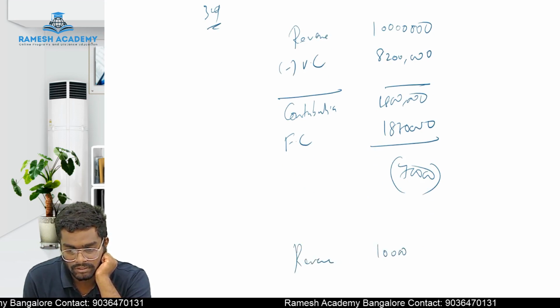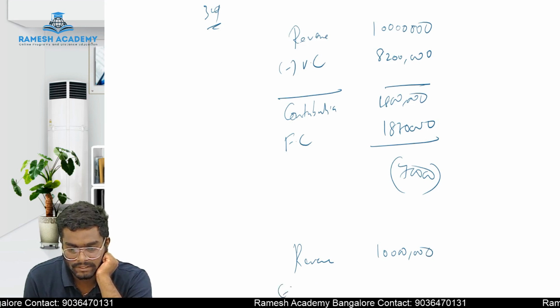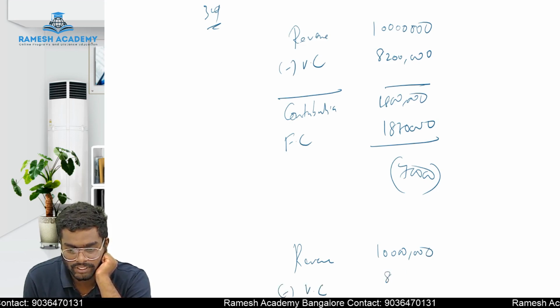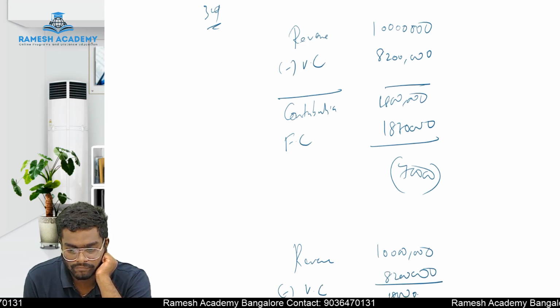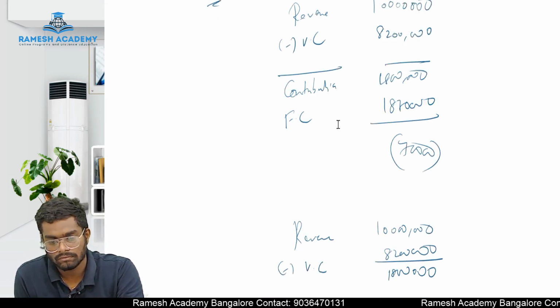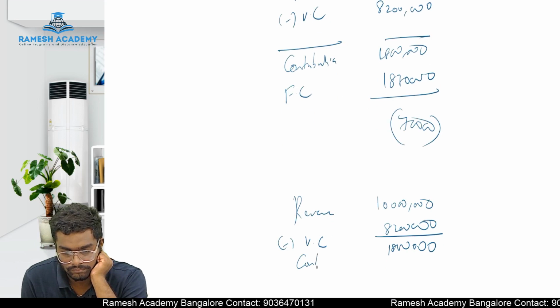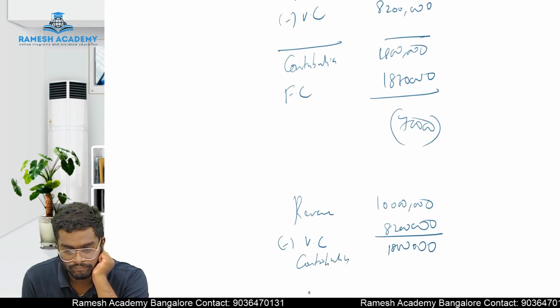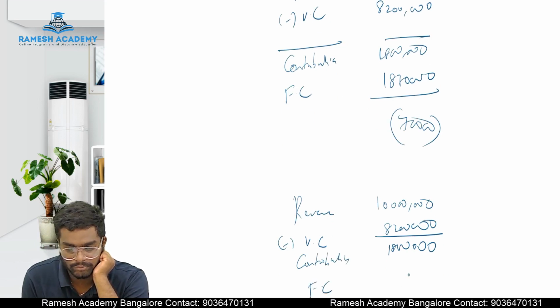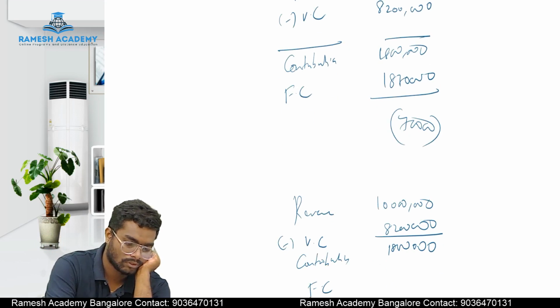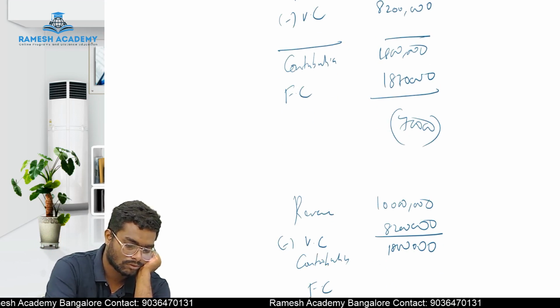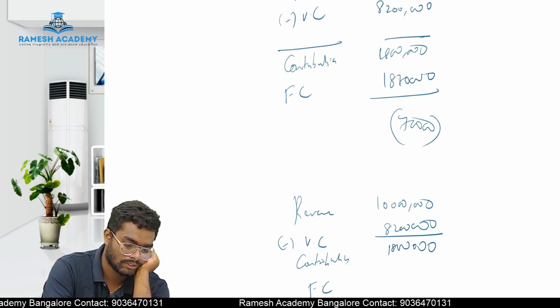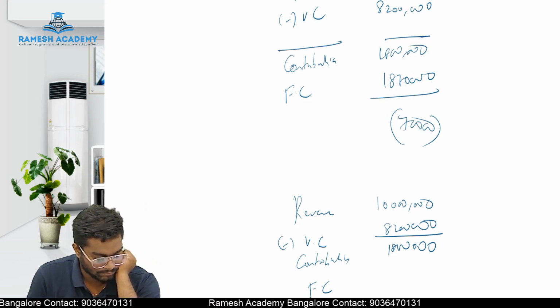Revenue 1 CR minus VC of 82 lakh, 18 lakh of contribution, minus fixed cost is reduced by 10%, so 17 lakh minus 10%, it is 15 lakh 30.